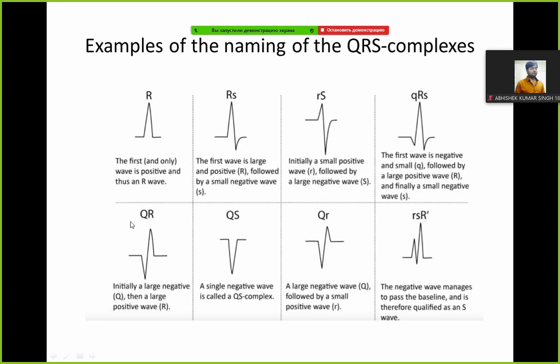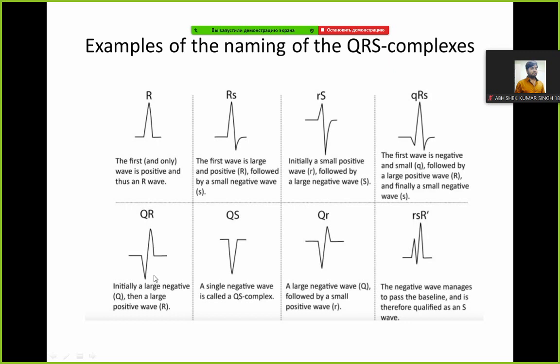These are examples. When the first and only wave is positive, it is an R wave. RS: a prominent R and a small negative s. Initially a small r and a deep S, so we call it small r and big S. This is a full, complete QRS complex, which includes a small negative q, a positive r, and a negative s.